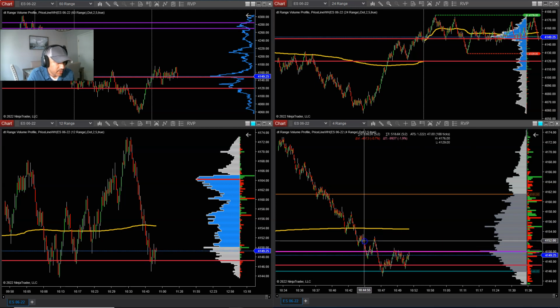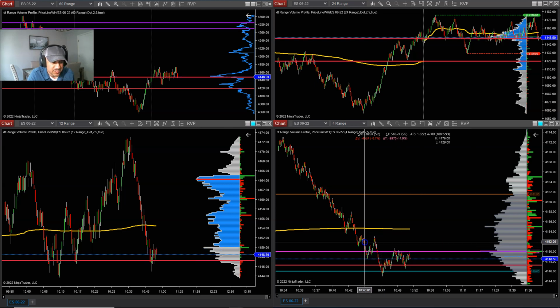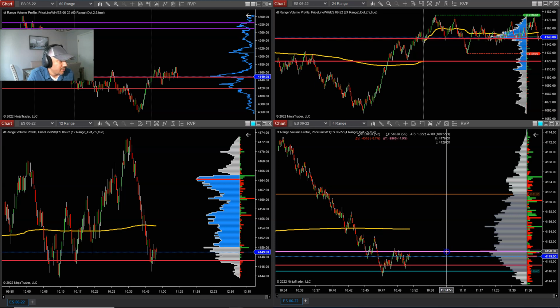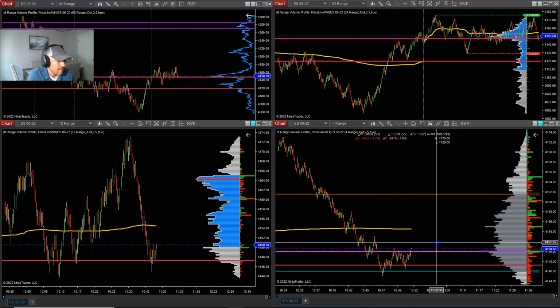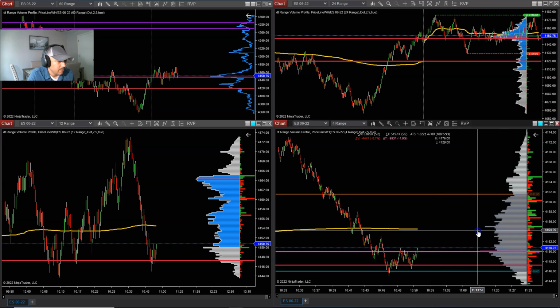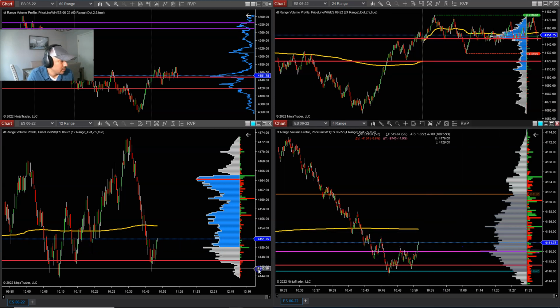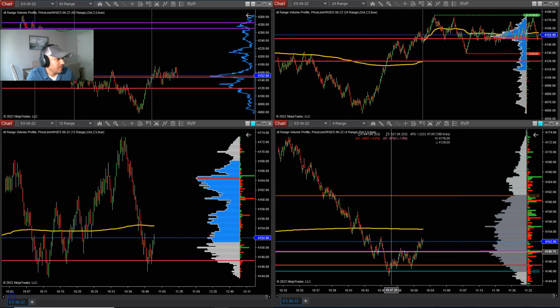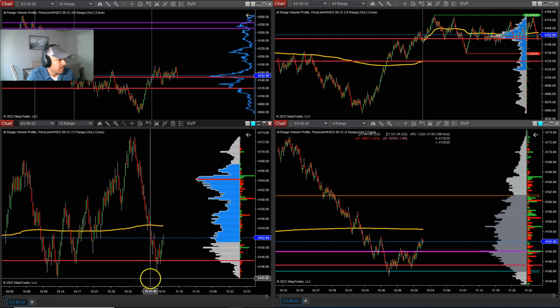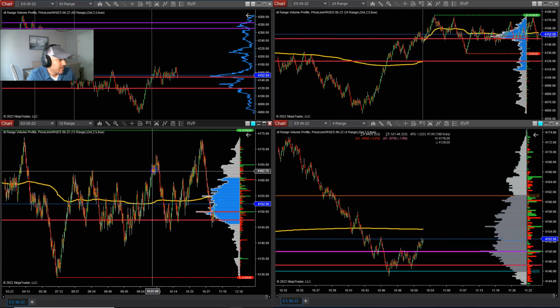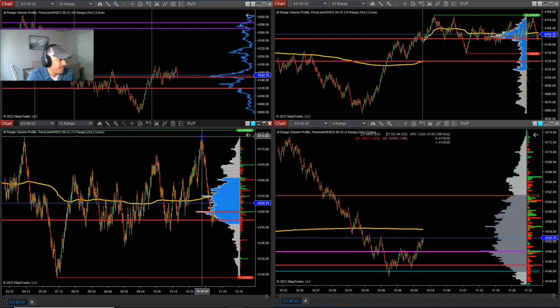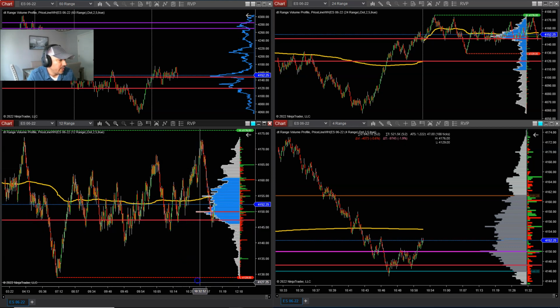I think it's probably going to push up and test 52. We're at the VPOC, so it could play around and bounce here, so we have to be careful. There it goes. So we're in the swing here to the upside. Price pulled back to the lows of that swing there.